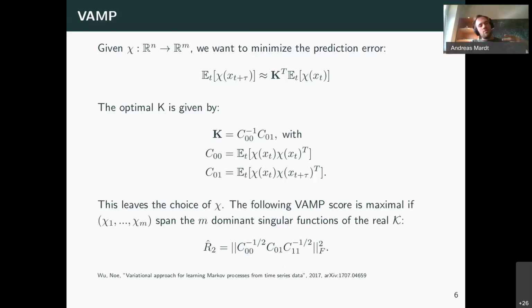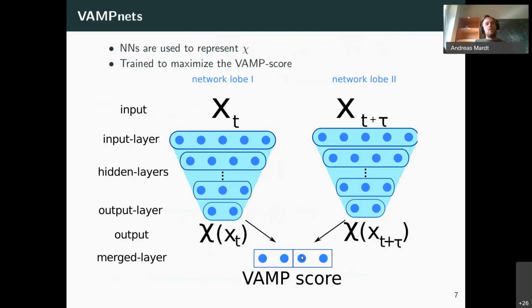They represent functions, and they can represent these chi. And we can estimate how good our network is right now, and we know how to improve it by taking the gradient and updating our weights with respect to this loss function. Okay, so this is the idea of VAMPNets.